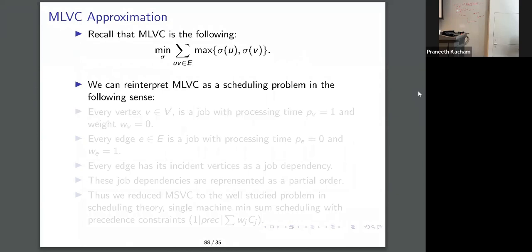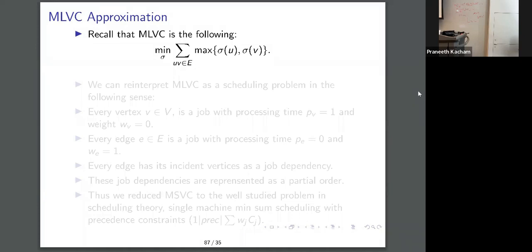But what do we do for the approximation of minimum latency vertex cover? One hint is to formulate the problem as a scheduling problem. Can you think of the problem as a scheduling problem? What are the jobs that we are scheduling?